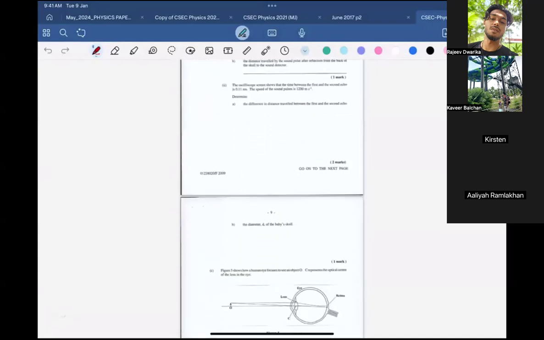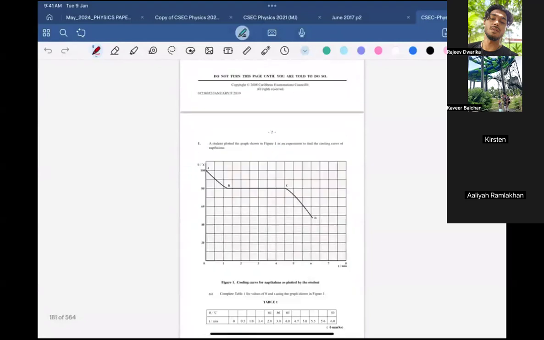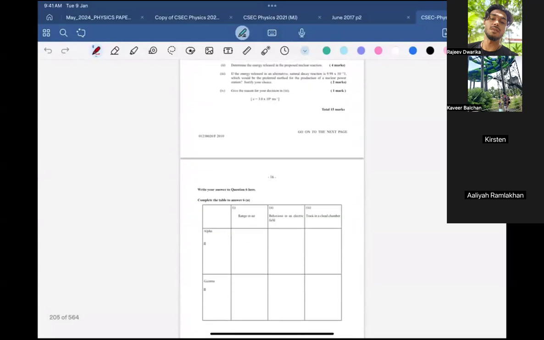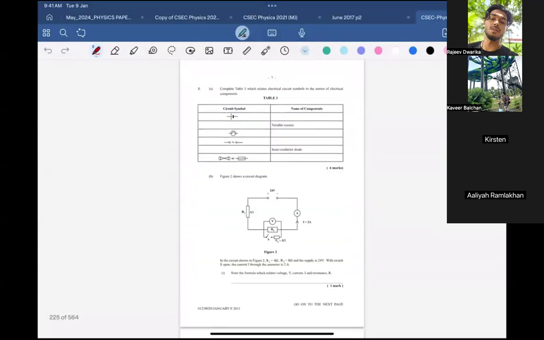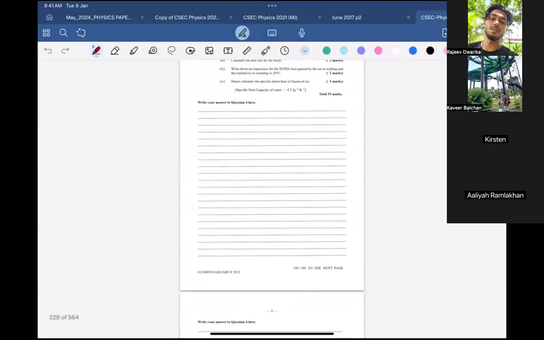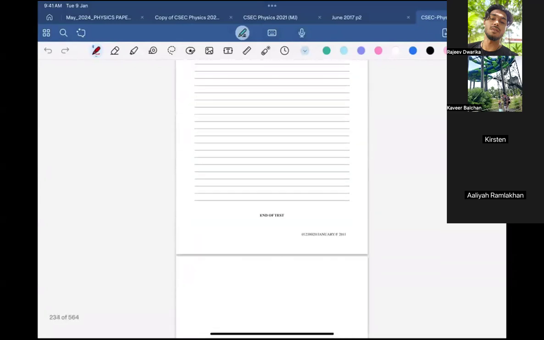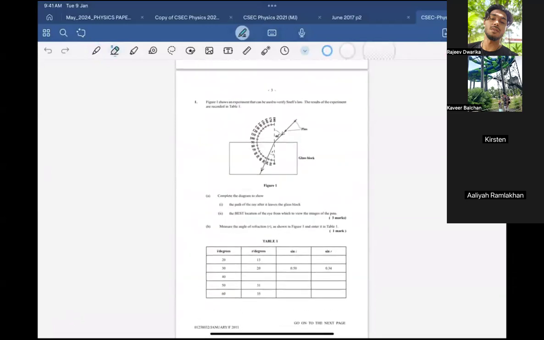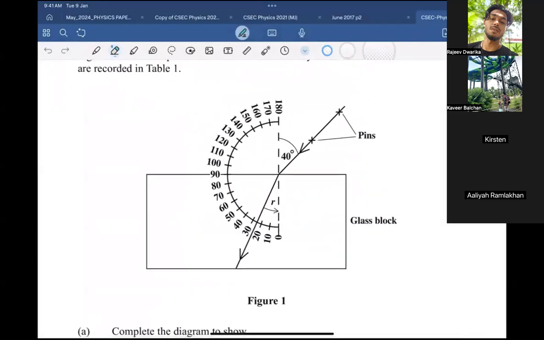Look at past papers. 2012. Okay, 2011. Let's see what questions you have. Hey, look, remember Snell's law?